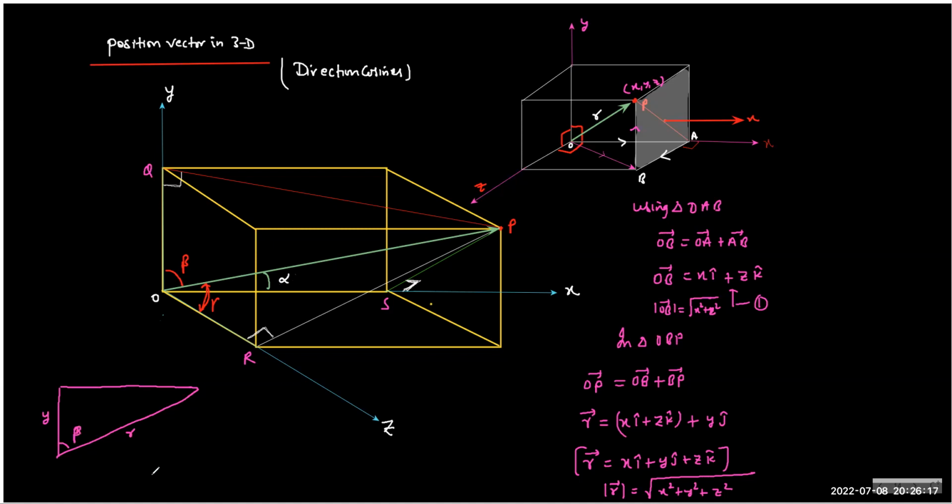Can I draw OP like this? I mean OQP. Just check. OPQ, OQP. Let me show you. OQ, this triangle. Can you see this triangle?